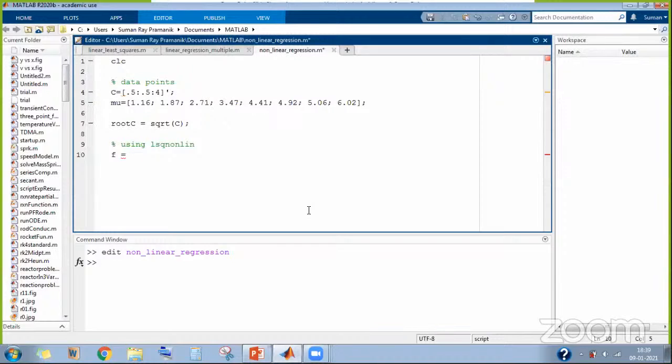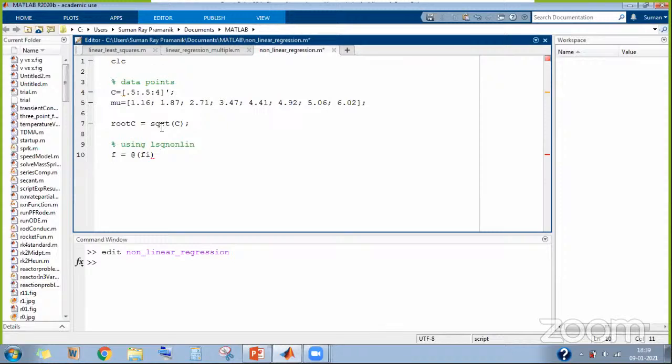Now, for the function that we have to create, we don't know the km and the K value. So I'm taking phi of 1 as km. I'm taking an independent variable, phi, over here. And we have these constants already with us.